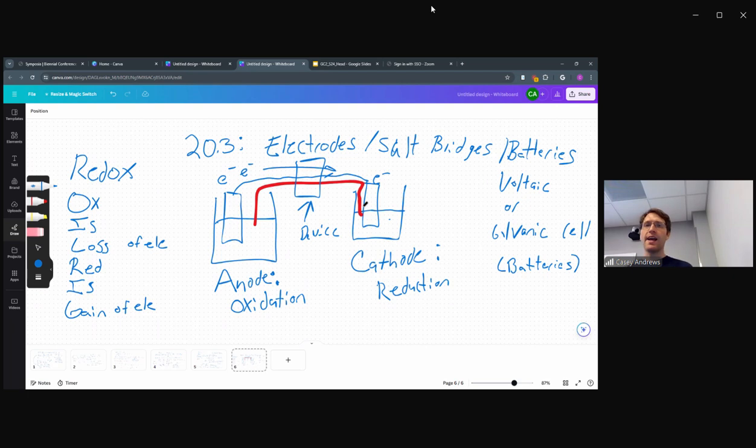Right? And this red bit, this is called a salt bridge. A salt bridge allows ions to flow.